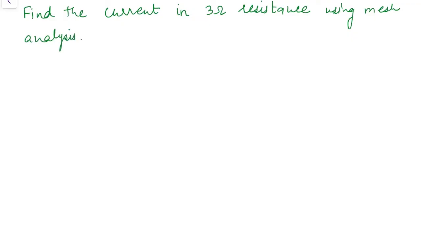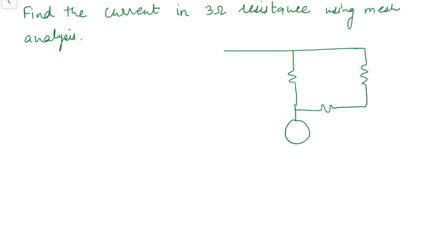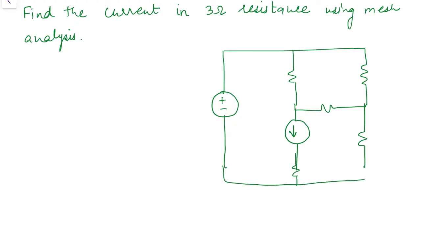Now the circuit for this is: a 7 volt source, 1 ohm resistance, 2 ohm, 3 ohm, 1 ohm, 2 ohm, and this one is a current source of 7 amperes.